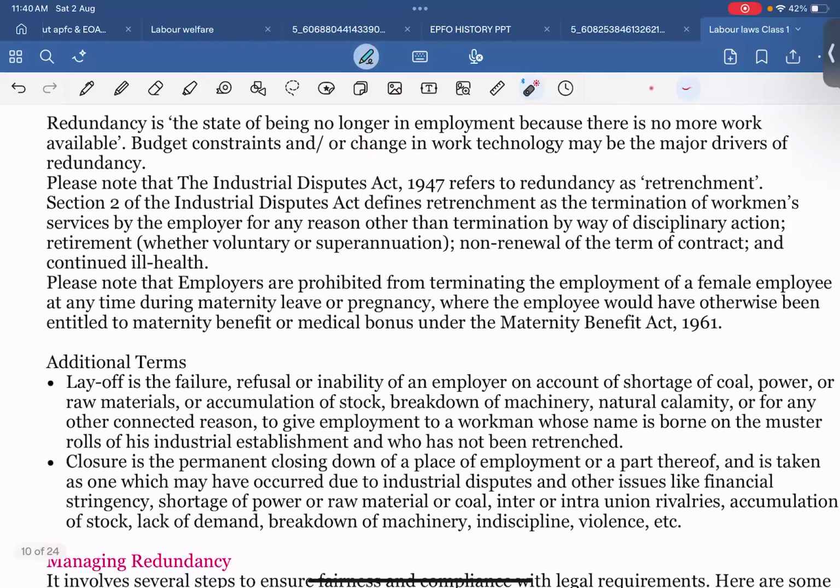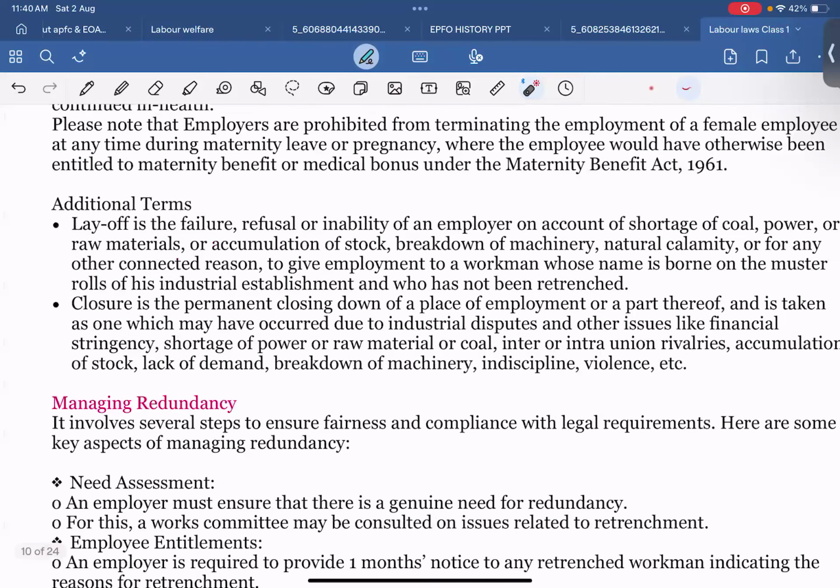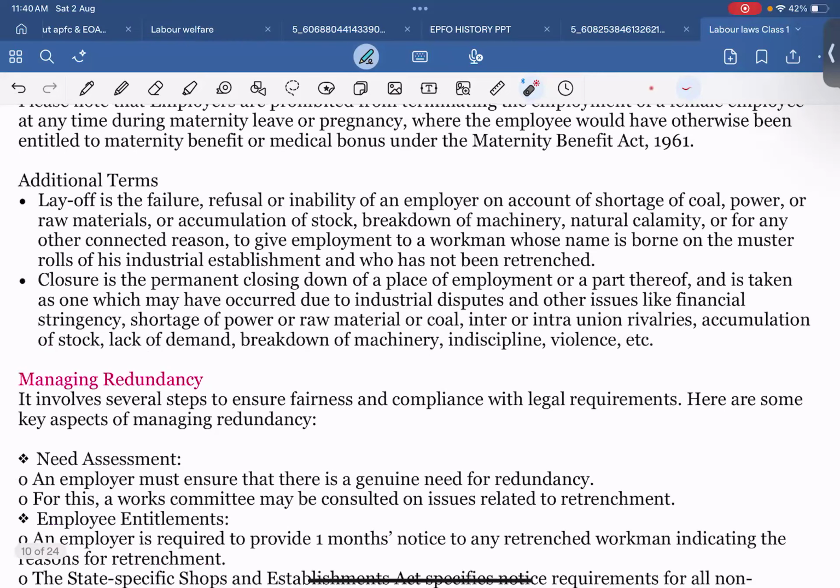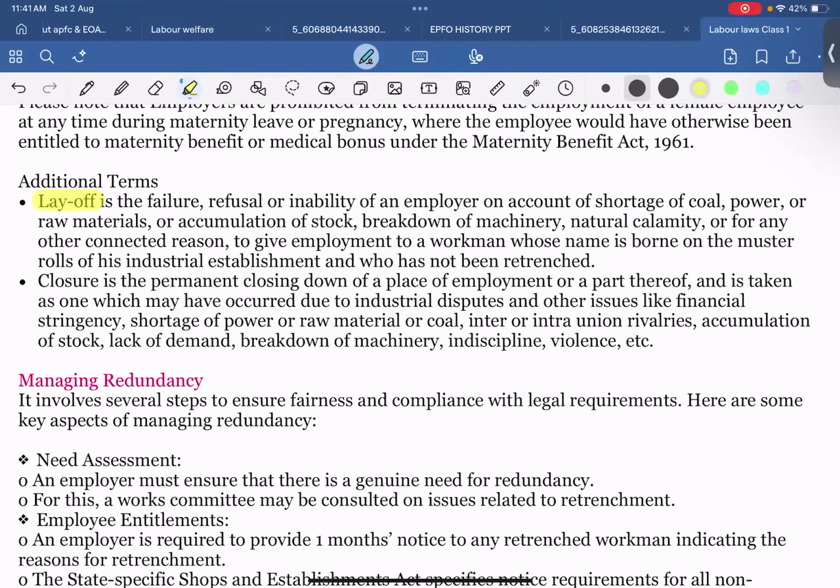Okay, additional terms. What is layoff and what is closure? Fine, so additional terms we have to understand here.